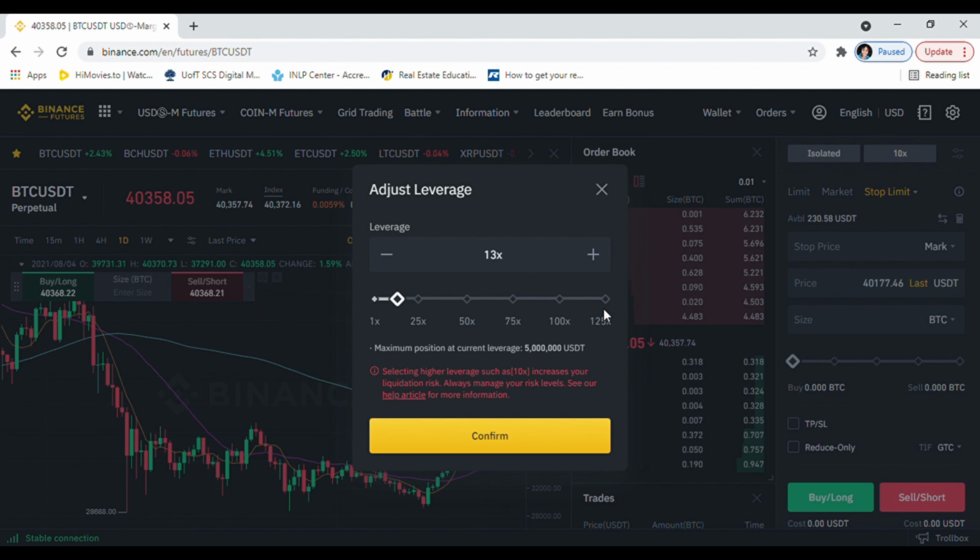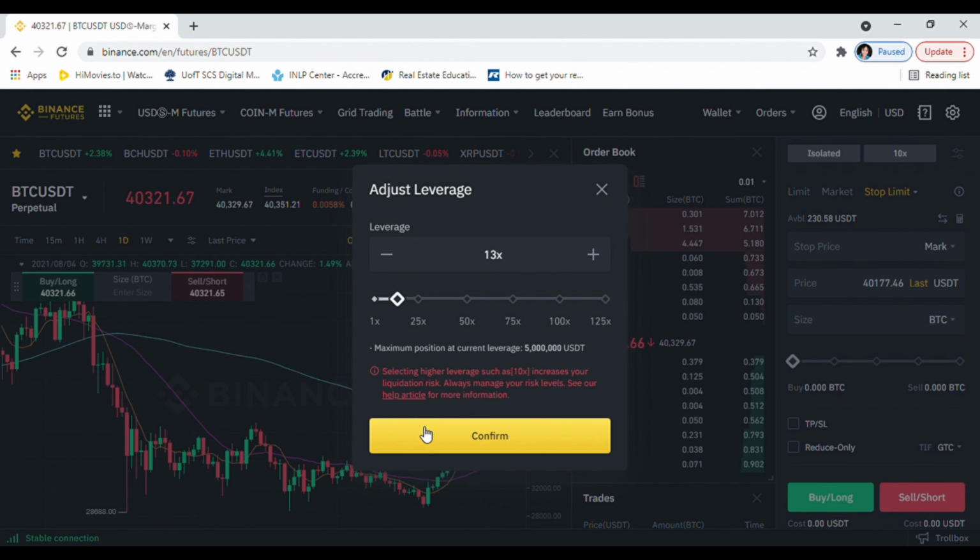So let's say, for example, you enter a trade, you're trading Bitcoin, right? You're placing a long position for Bitcoin. Long is basically saying that you're betting that the price is going high, right? You enter a long position, and let's say when you enter the price was at 40,200, okay?